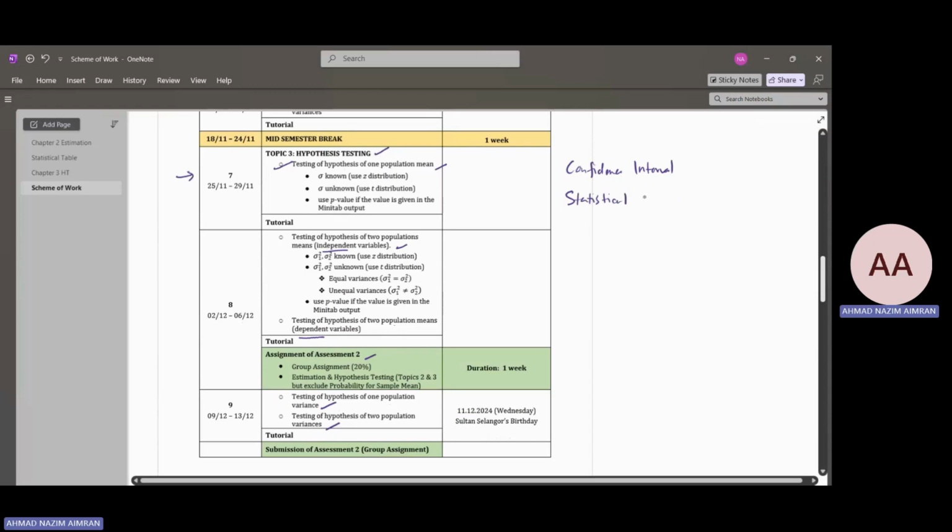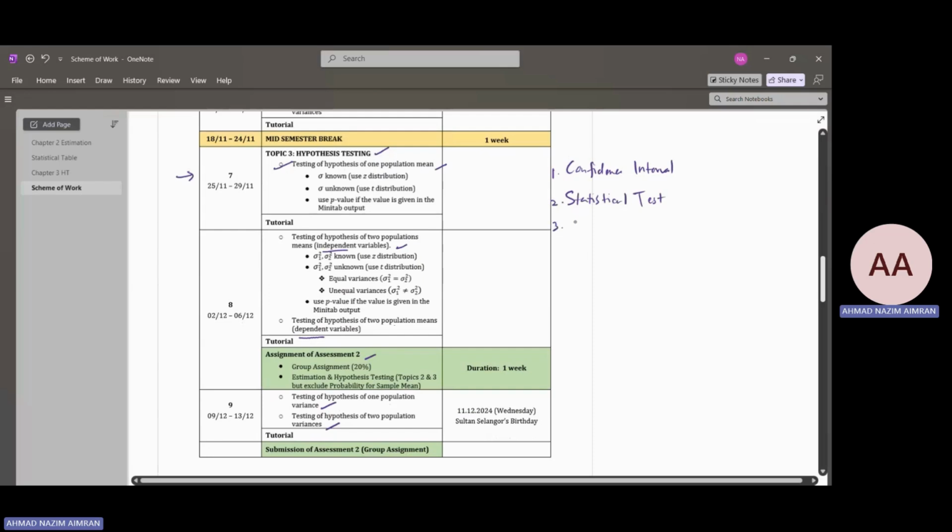Okay, statistical test. And for your information, in hypothesis testing, we can actually use three methods. The first one is by using the confidence interval. We can also test the hypothesis by using the statistical test.